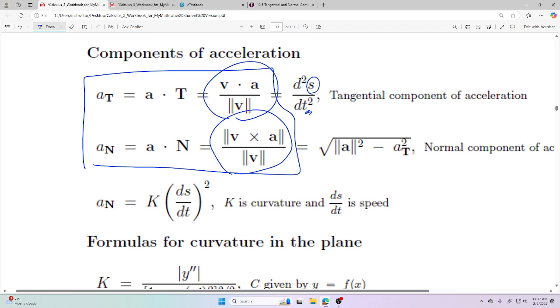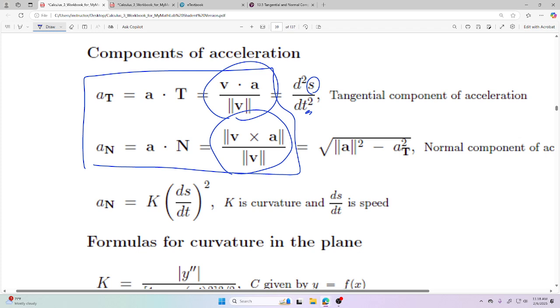So note the similarity. We have a dot versus a cross, and they're both divided by magnitude of V. Now, why is it that the cross product also has magnitude? What makes that similar now all of a sudden? It makes it positive, but it also makes it a scalar.